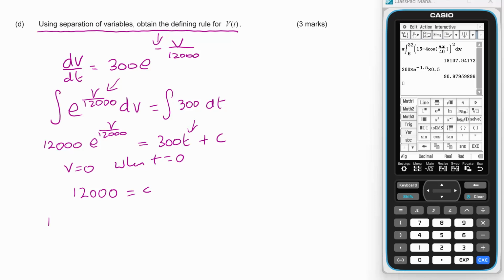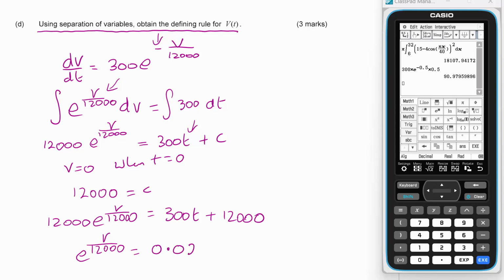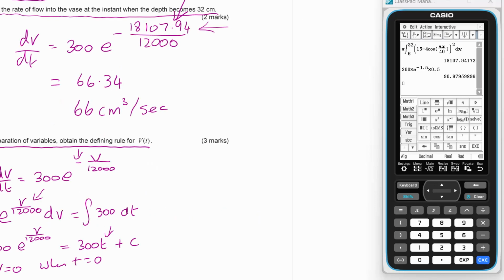And so we have that 12,000 e to the V over 12,000 is equal to 300t plus 12,000. So e to the V over 12,000 would be equal to 0.025t plus 1. So that was dividing through by 12,000.